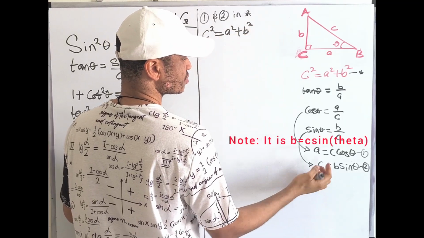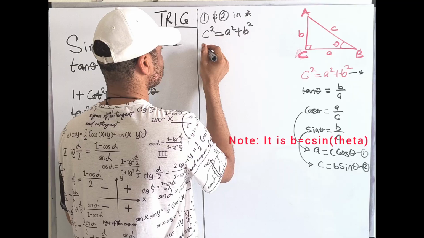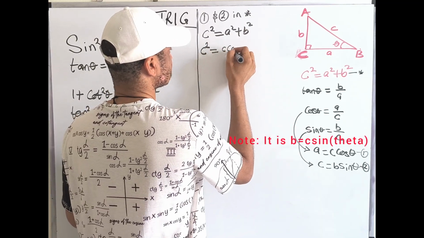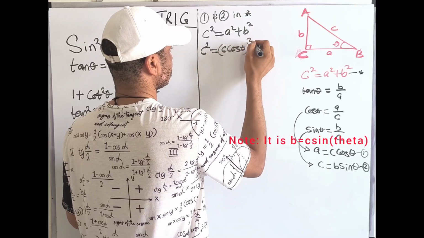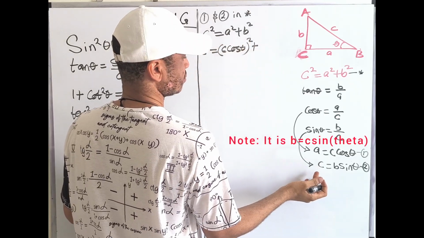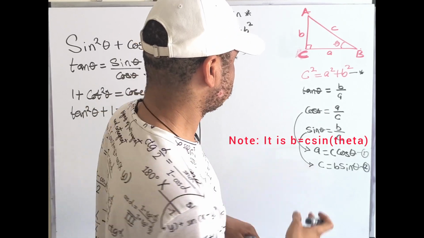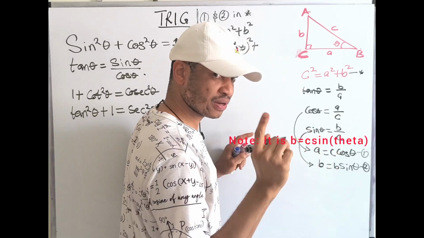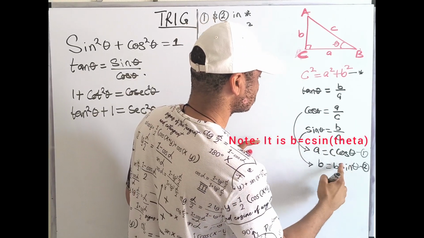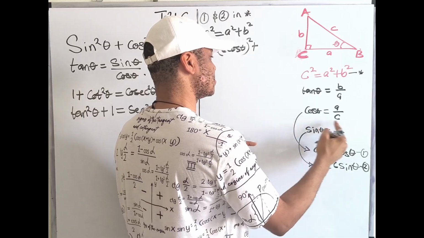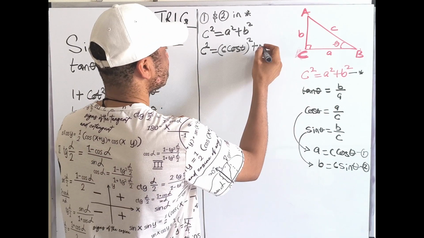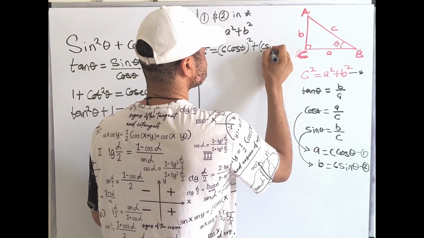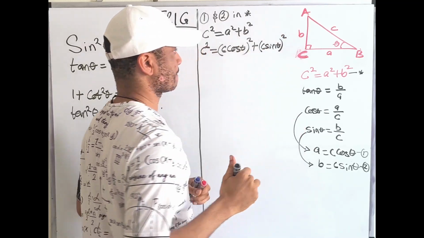So what do I do? I will take this and put it here. This one is the same. You can see this is C cos theta squared, plus then B. Where's B? Sorry, this is supposed to be B is equal to C sine theta. I believe you must have caught that, right? So this goes here, giving C sine theta squared.